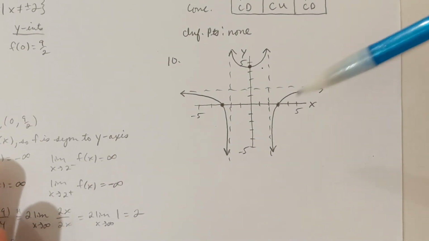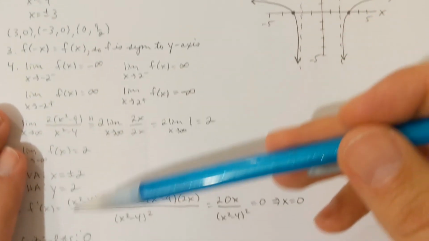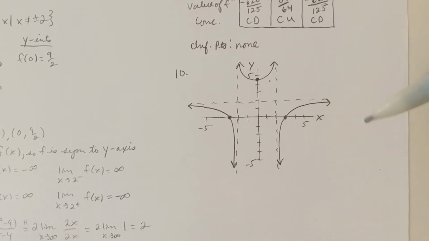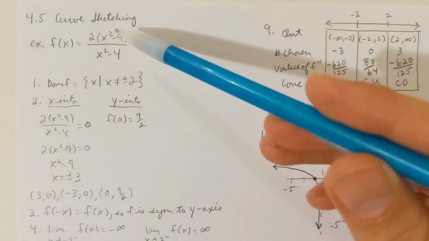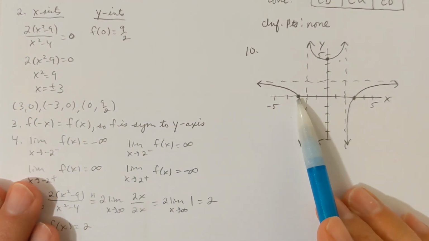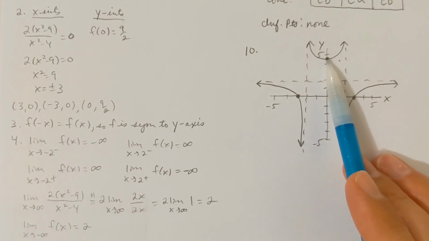So I should have plenty of information here to begin drawing this. At this point, I just run through the information that we've already got from these earlier steps, and I put it on the picture now. So I'm graphing f of x. I've got 3 intercepts: here's negative 3, 0, here's 3, 0, here's 0, 4.5.